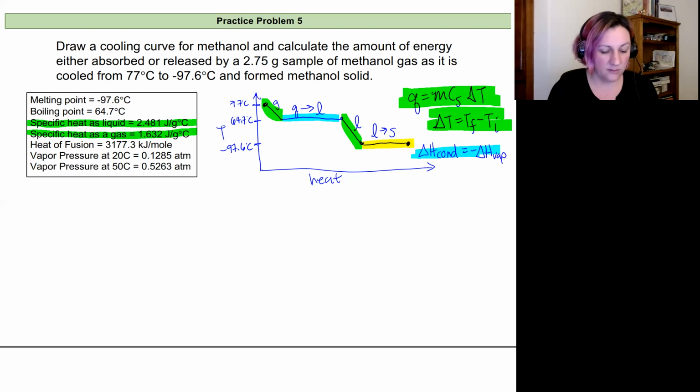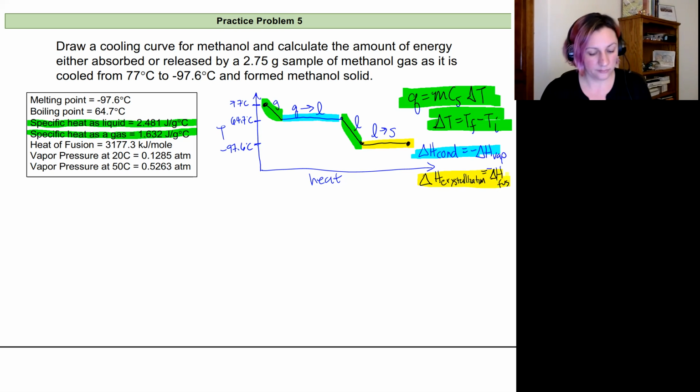And then for the last phase transition, we'll be using the enthalpy of freezing or crystallization, just a super long word, which is really equal to the negative of the enthalpy of fusion because it's the opposite. All right, so that heat of fusion we've been given right here.